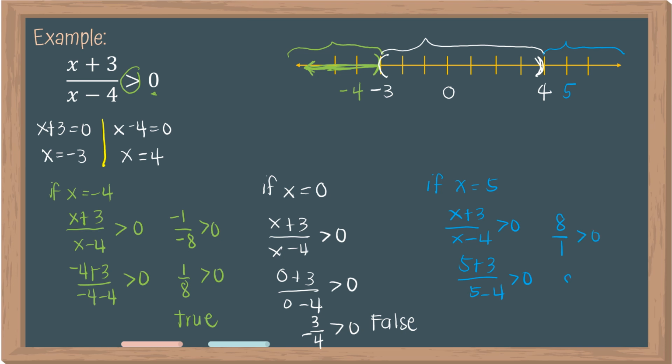Simplifying further, 8 is greater than 0. So, again, the question is, is this true or false? Okay, so this is of course true. So, dahil true siya, na-satisfy niya yung ating inequality, therefore, yung ating interval dito, so again, we're going to make use of the parentheses, going to positive infinity is part of the solution set for our given inequality.